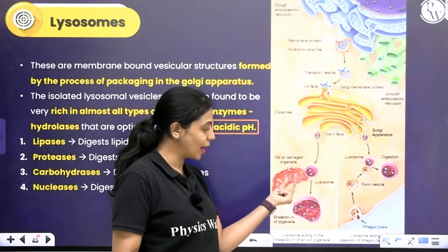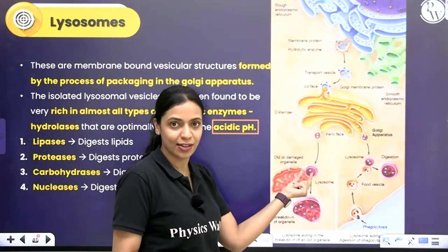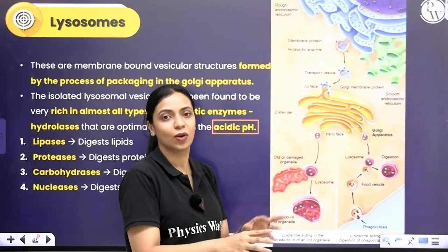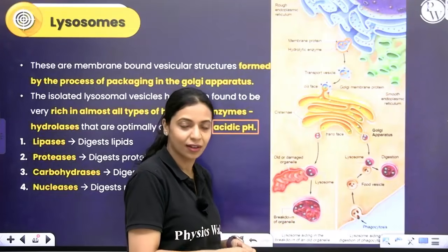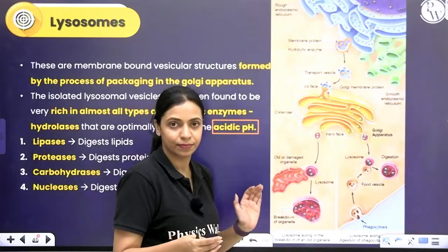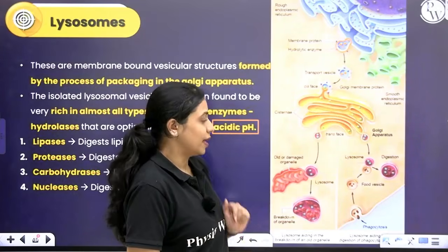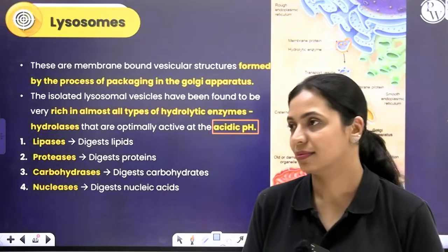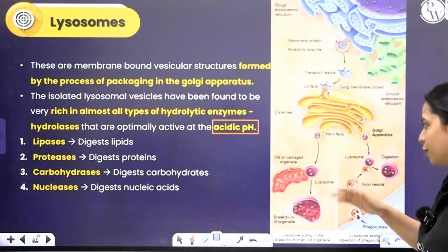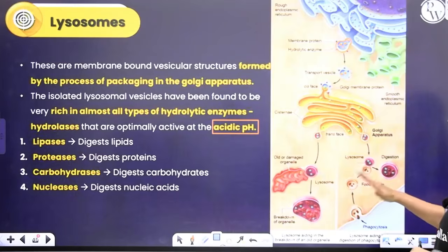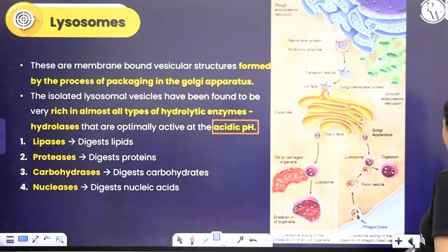Once this fusion happens between a damaged organelle and the lysosome, protons will be pumped inside so that the pH will come down. It will become acidic. And that is when these enzymes will get activated. They will break it down. Also, if an amoeba or something engulfs a food vacuole, for digestion, the food vesicle also combines with the lysosome and helps in the digestion. So that's the function of the lysosome.